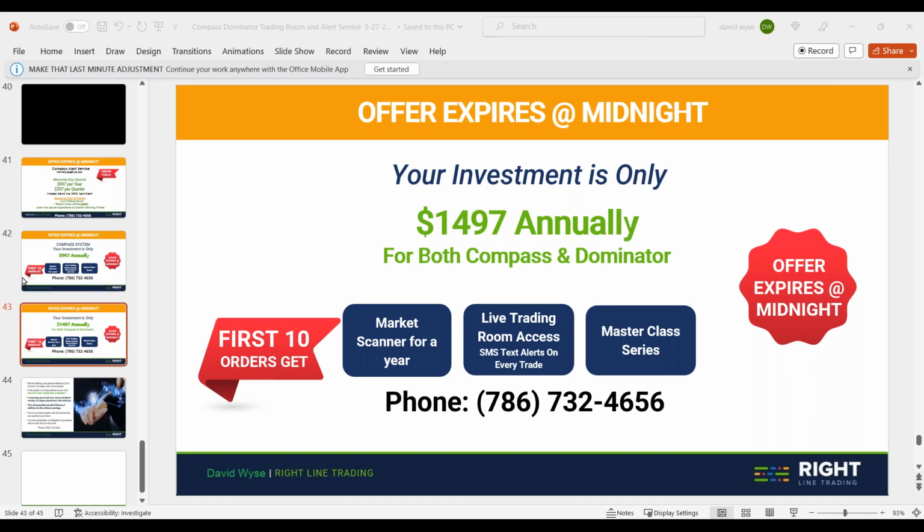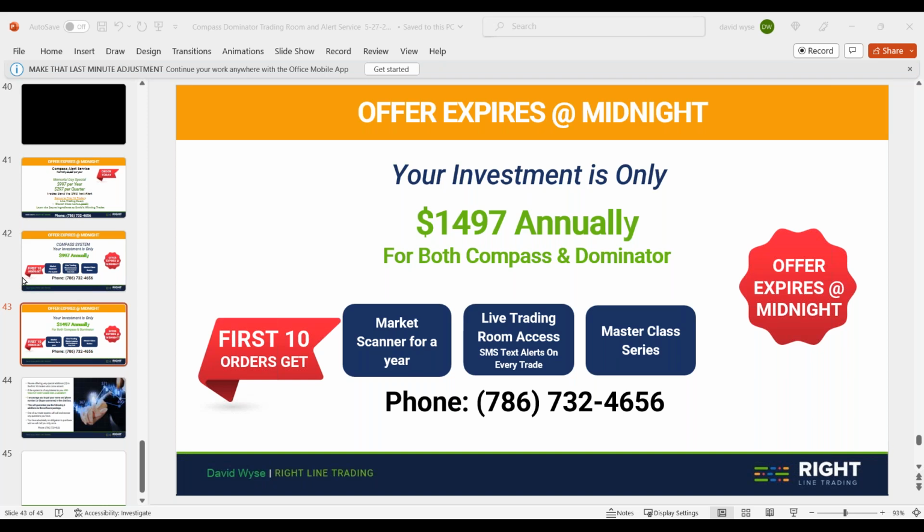These are powerful systems. I think you'll love the alert service because obviously it's going to make you some money. That's the whole point. And you don't guarantee that, of course, but you can see the trades that we've been taking and how well they work. So a very high probability trading room. That's what we do.